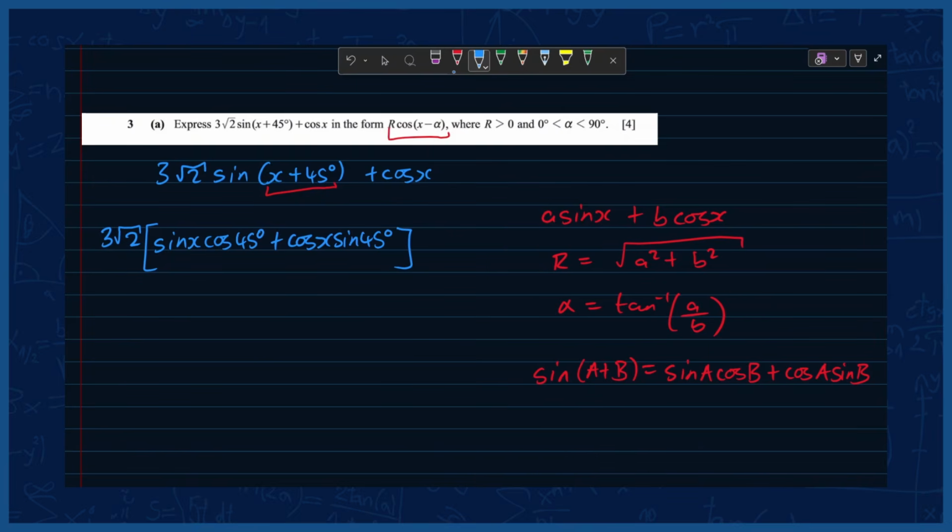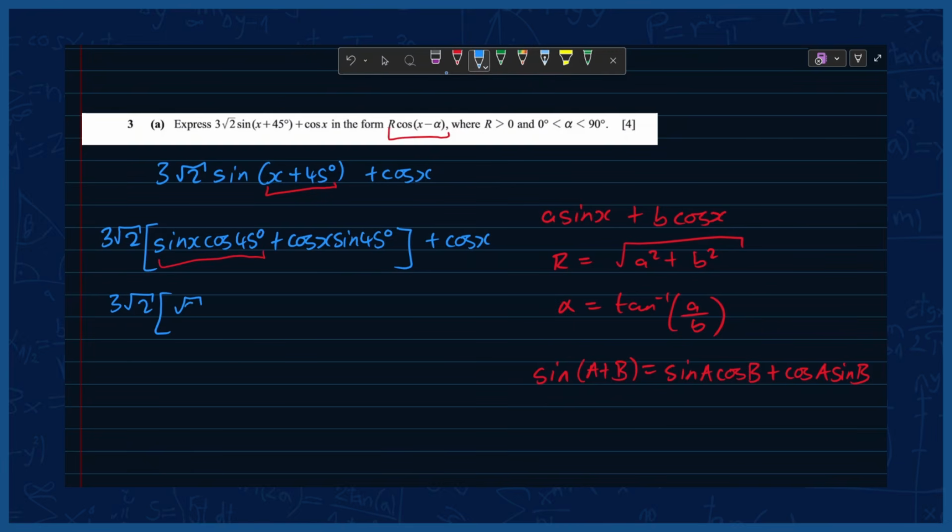And this is all being added to the cos x. So I've got 3 root 2. We can evaluate cos 45 degrees with our calculator. So let me change my calculator to degrees. Cos 45 is root 2 over 2. So that means this here becomes root 2 over 2 times the sine x.